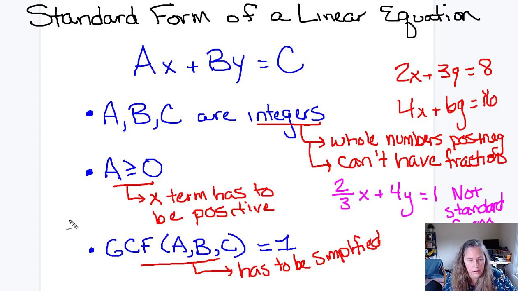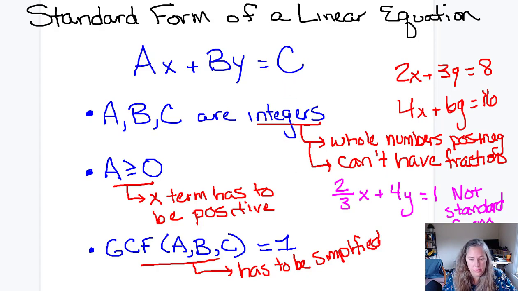Basically what this is saying is that a, b, and c, all three of them together, can only be divisible by 1.